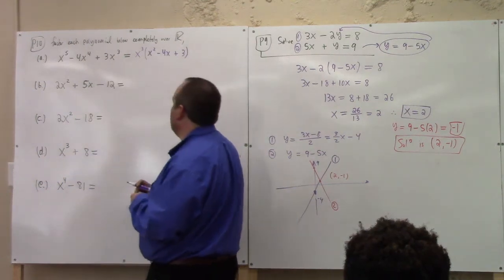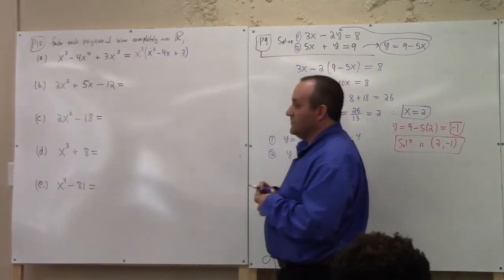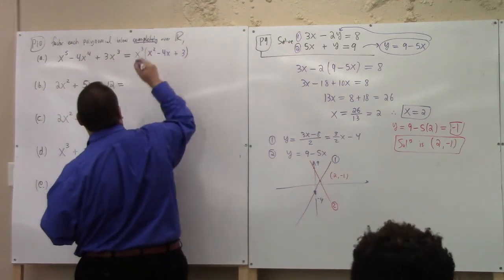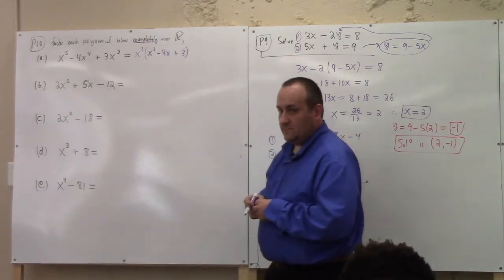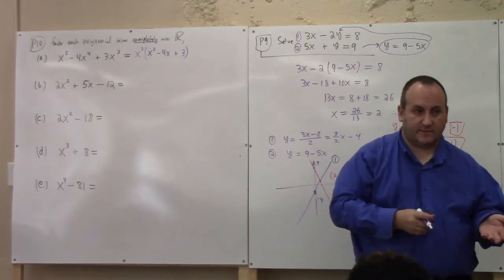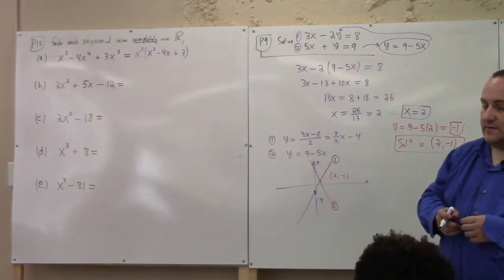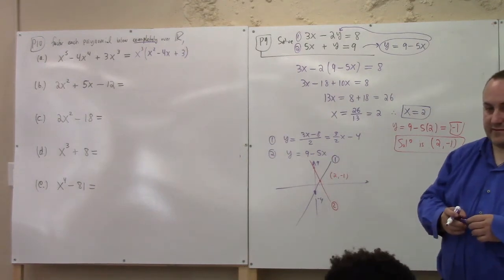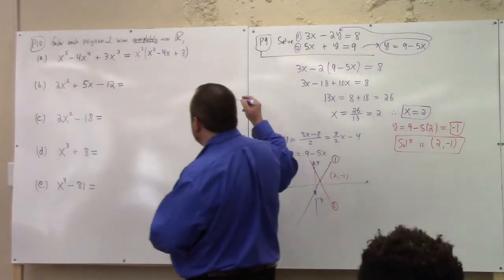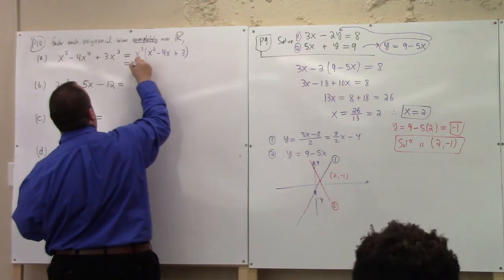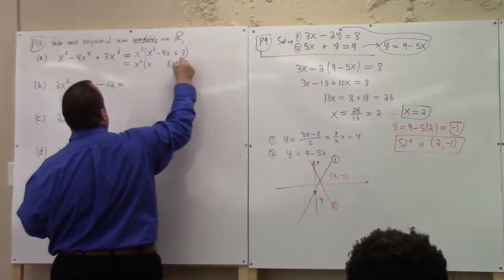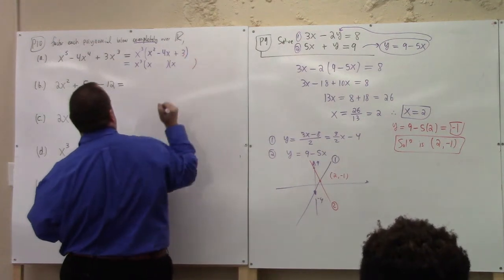Now, notice the word completely here, right? So you've got to be careful. Just because you've factored something out doesn't mean you're done. We're halfway there. It's a quadratic. Some quadratics can be factored, some can't. Can this one be factored? If I put an x here, and I think about 3, how can I get 3?